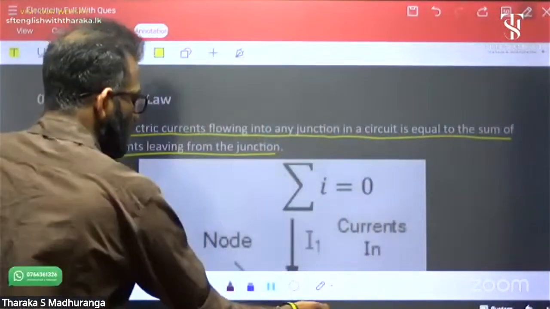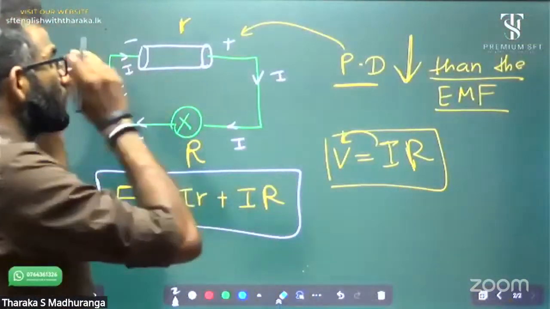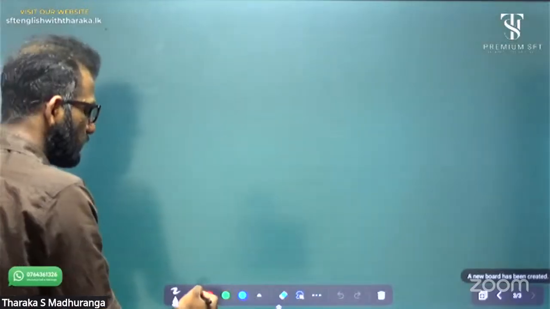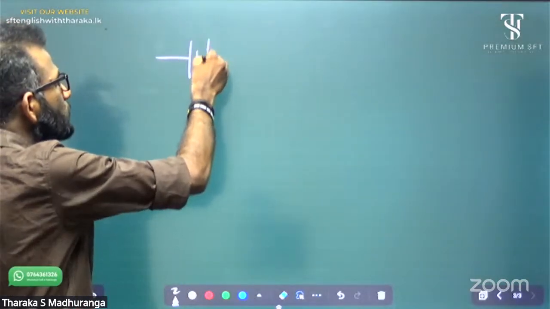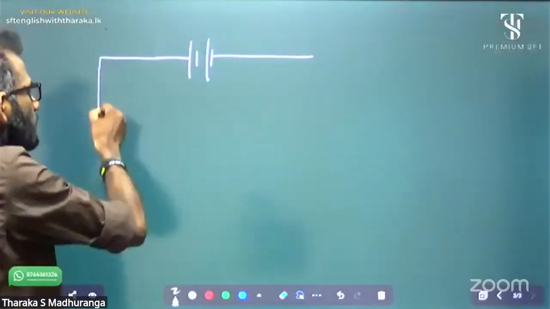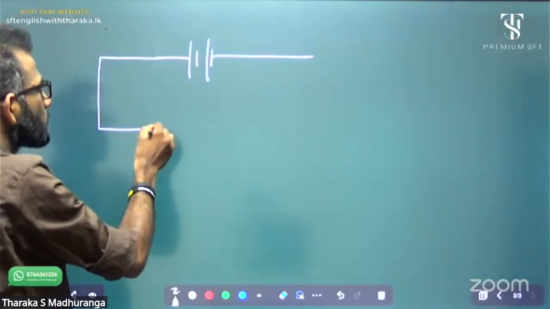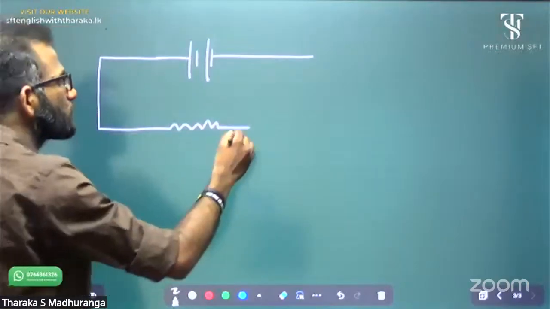Now think it is a junction. What's the meaning of junction? Think this is an electric circuit. This is a battery connected to this external resistance.